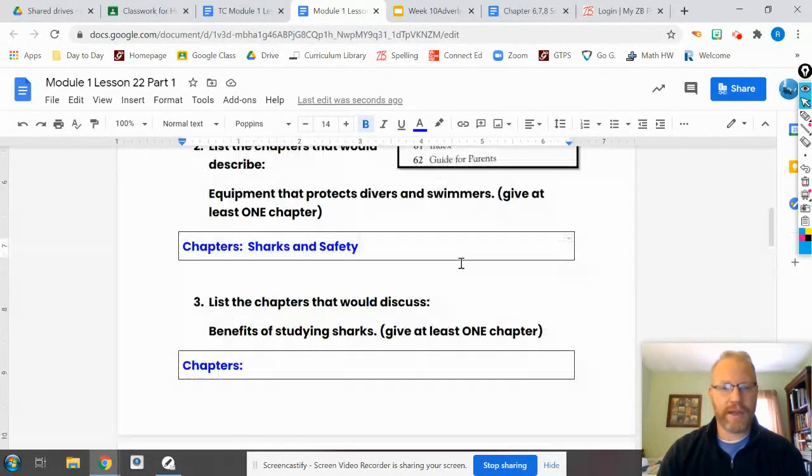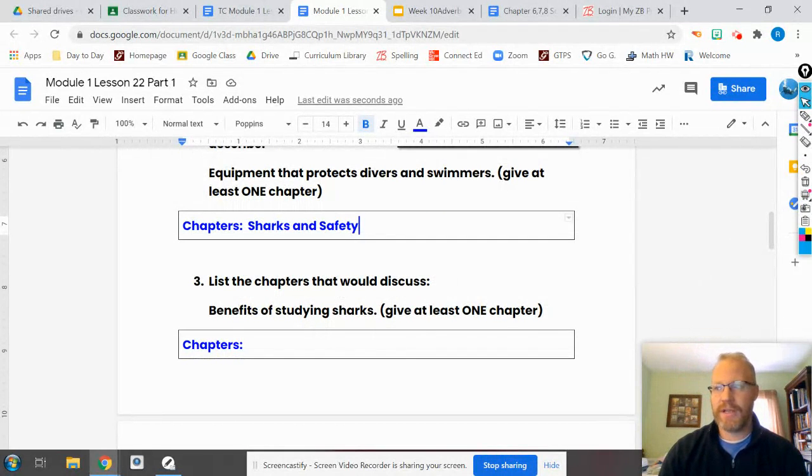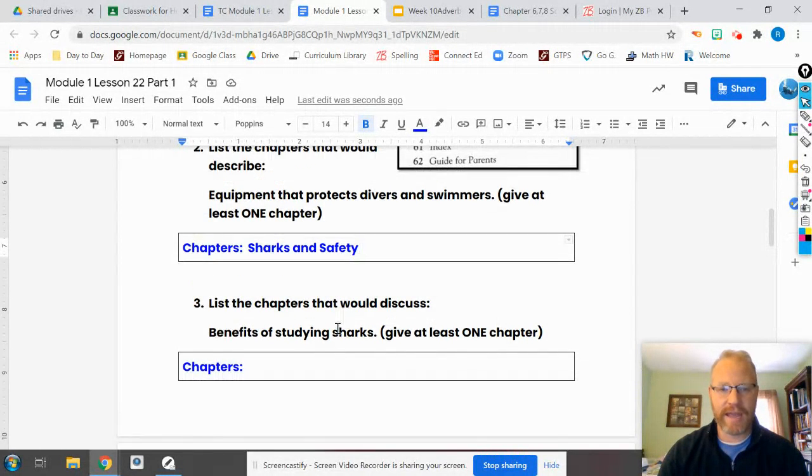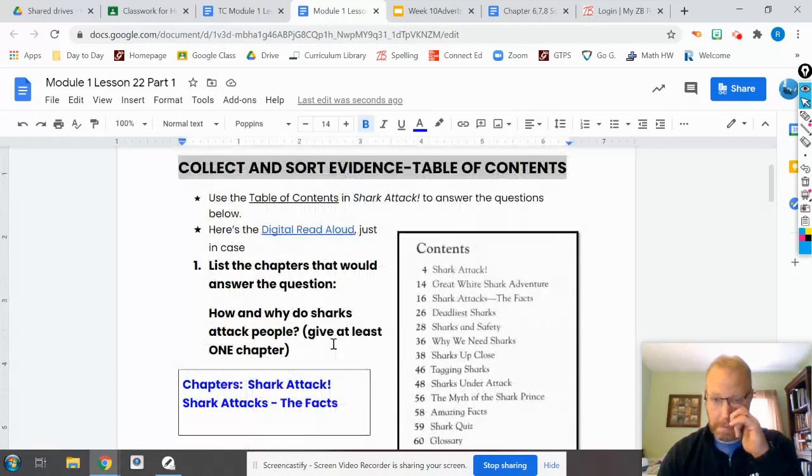So now we go down, list the chapters that would discuss benefits of studying sharks. Benefits mean like good things that come from sharks. So, what would be good things that we would get from studying sharks? Any thoughts?